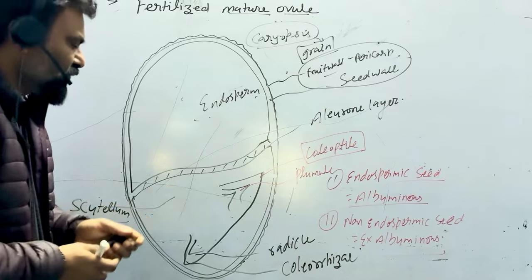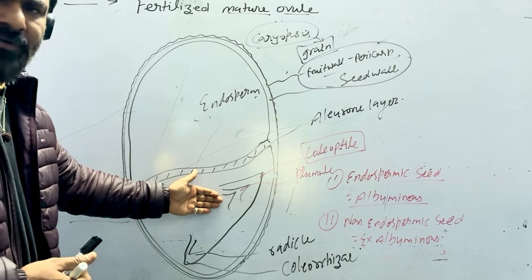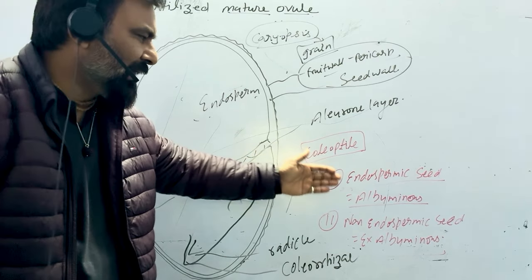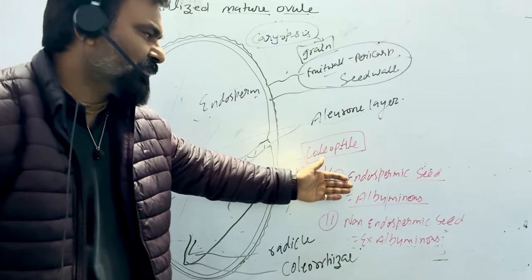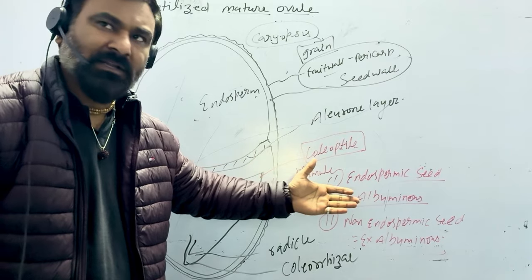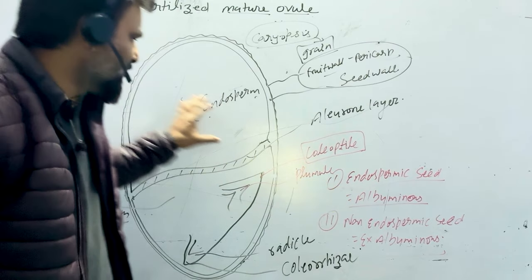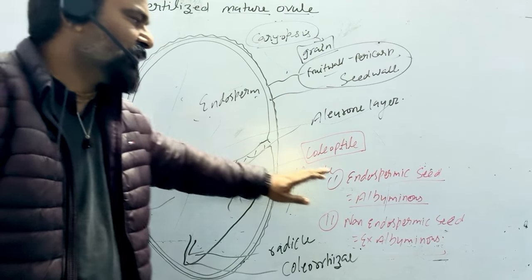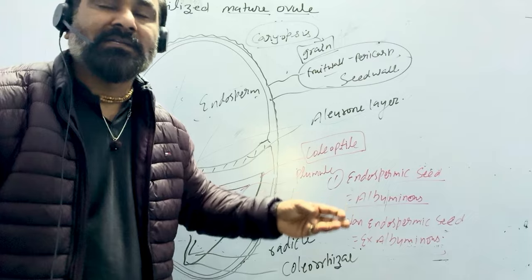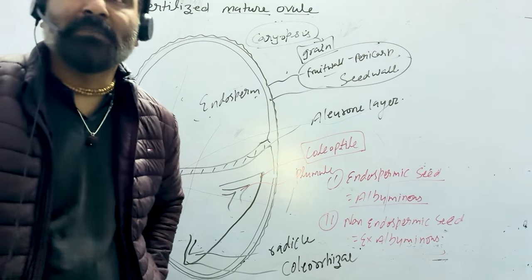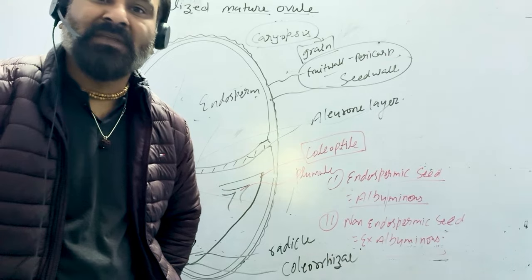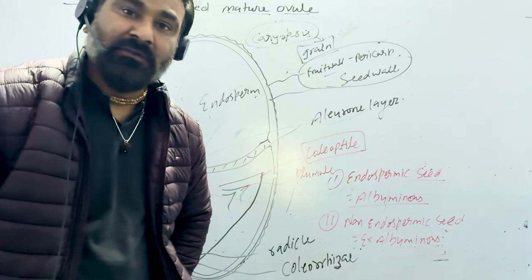During the development of the embryo, if complete absorption or digestion of endosperm does not occur, then some endosperm is present in the mature seed. Such seeds are known as endospermic. Examples are wheat, barley, maize, coconut, castor, etc.